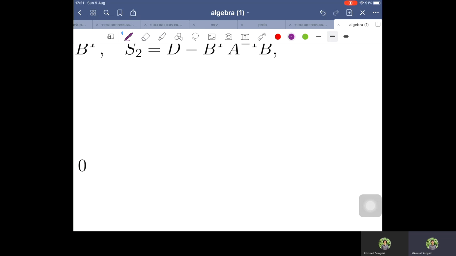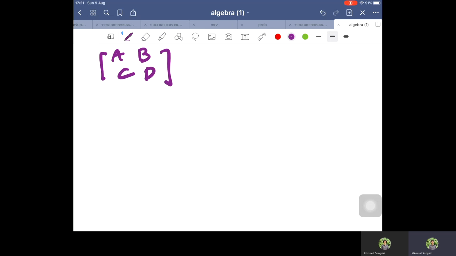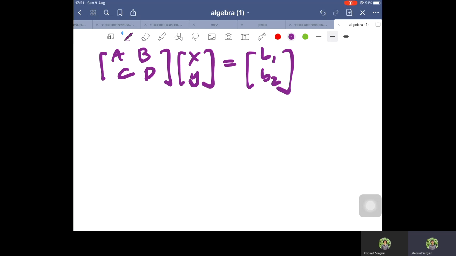So suppose you have a linear system you want to solve, suppose the whole vector is X and Y. The vector B is given. Typically, you have MZ equals B.